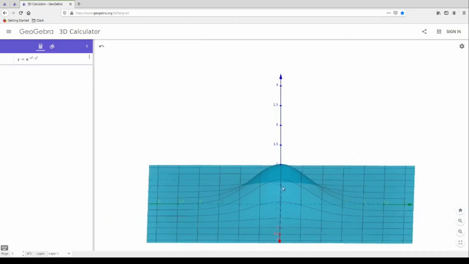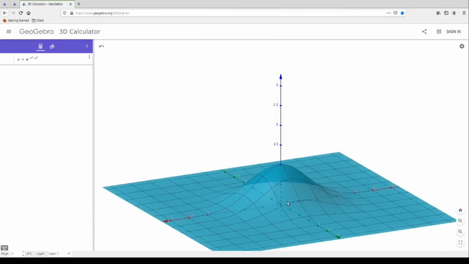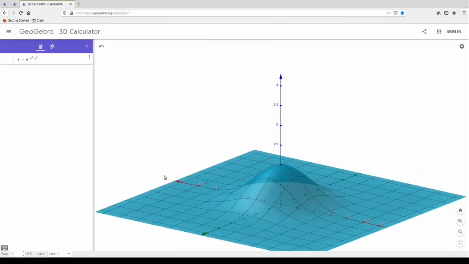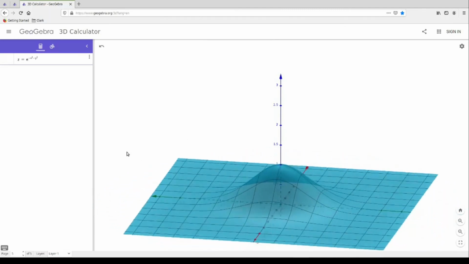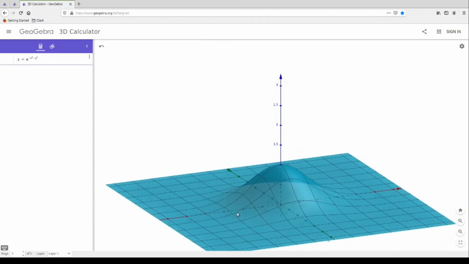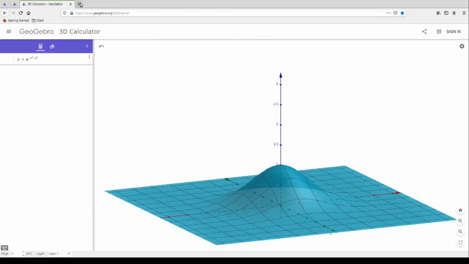So the range is exactly what we would expect, and if we view the level curves of this function using either Desmos or GeoGebra, I'll probably use Desmos right here.